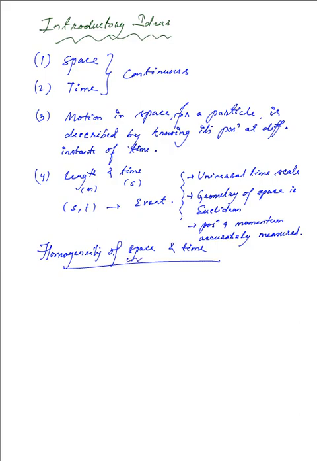Well, the homogeneity of space always results in the conservation laws related to the conservation of the linear momentum and the angular momentum, while the homogeneity in time means there is no variation of that quantity with respect to time, and that deals with the conservation of the favorite term called energy. That energy remains constant throughout the time. So that's what we deal with in the case of homogeneity of space and time.